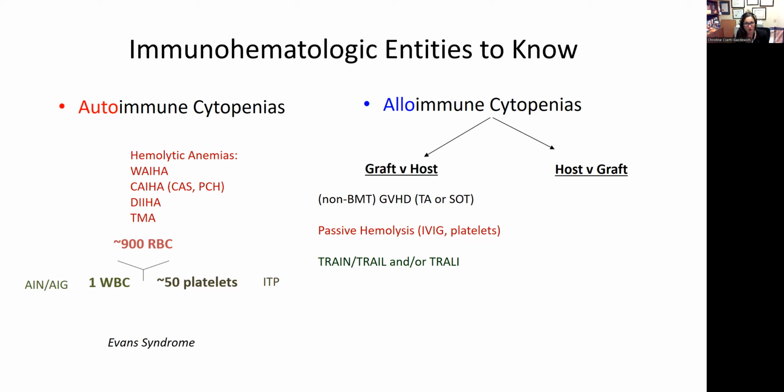You can assume quite confidently that any cell therapy patient is going to need irradiation of their cellular blood products, because we've deliberately disabled their capacity to reject the cell therapy we're about to infuse, and therefore they may not be able to reject lymphocytes that are coming in from blood transfusions. So you don't want them to die of GVHD after you've given them a $400,000 life-saving CAR T cell infusion.